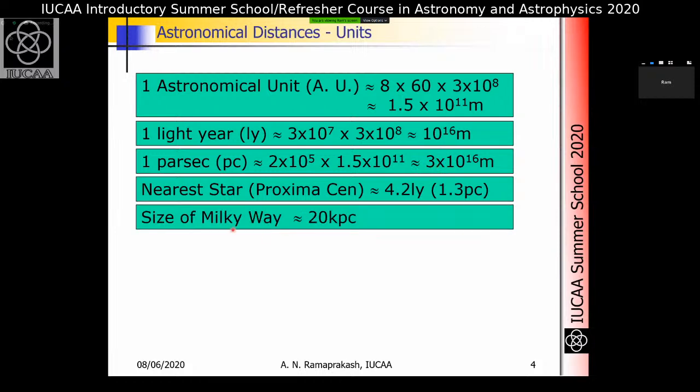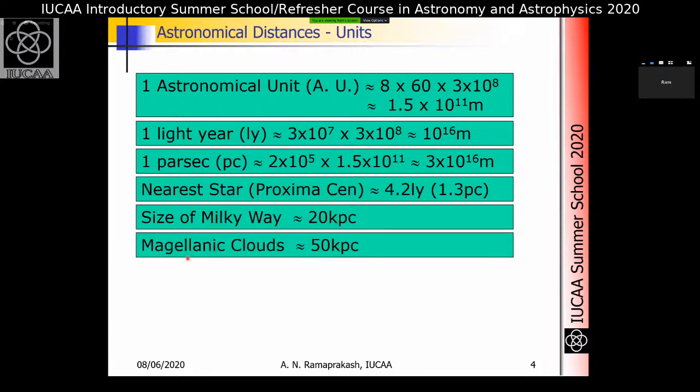Now, the size of the Milky Way, our galaxy, is about 20,000 parsecs. So if interstellar distances are typically 1 parsec, a few parsecs, the size of our galaxy is 20,000 times larger than that. So the Milky Way is an enormously large structure compared to typical distances between stars in the galaxy.